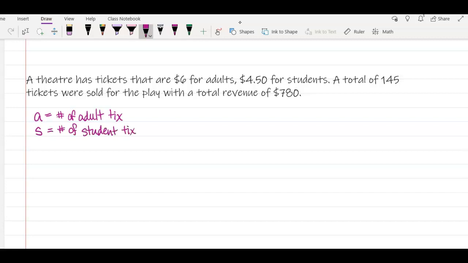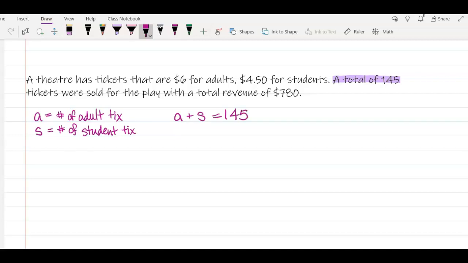But I do know that there were a total of 145. That's quantity. The number of adult tickets and the number of student tickets, if I add them together, I get 145. That's my quantity equation.